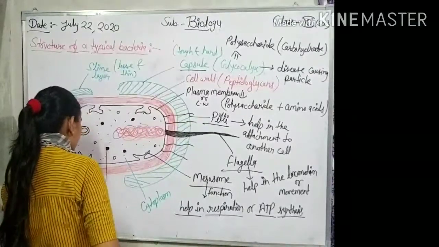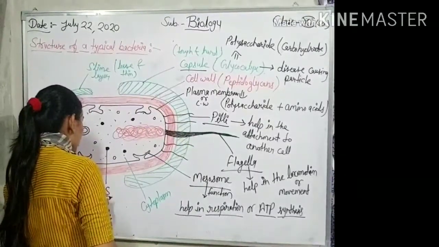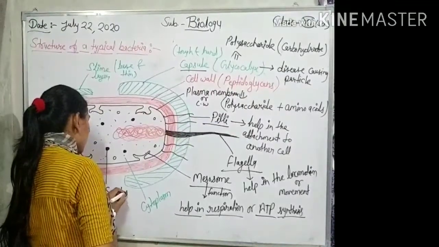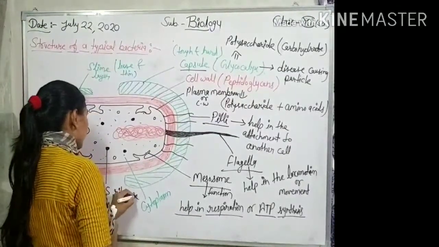And only one cell organelle is present in bacteria, 70S ribosome.